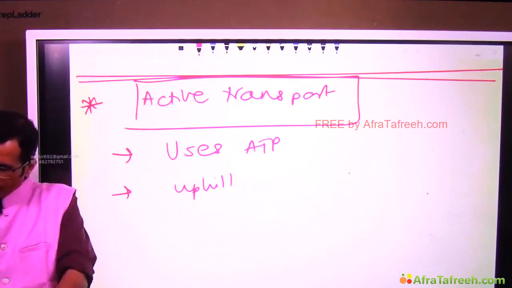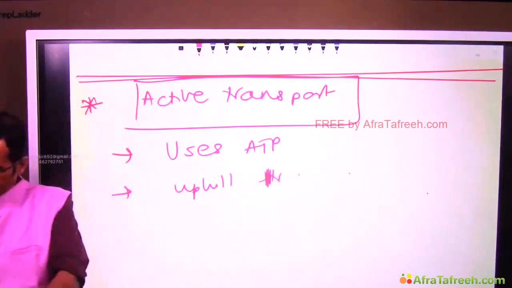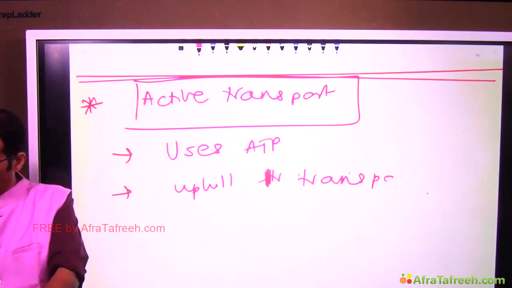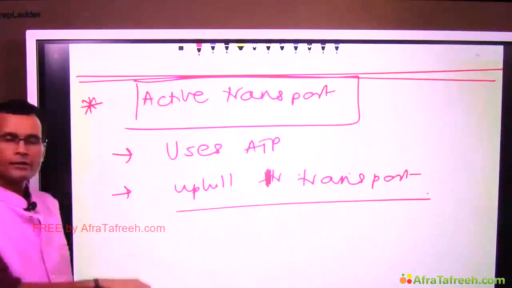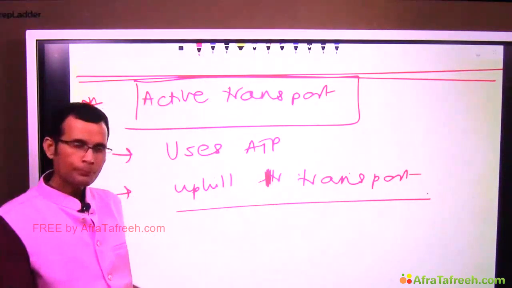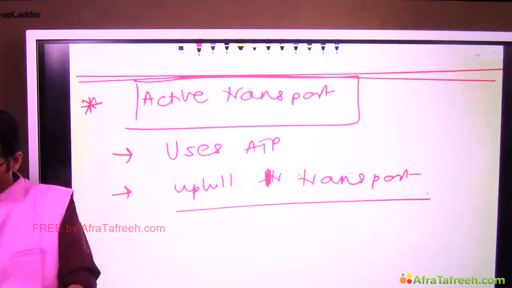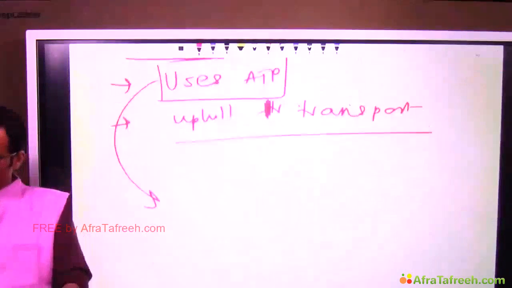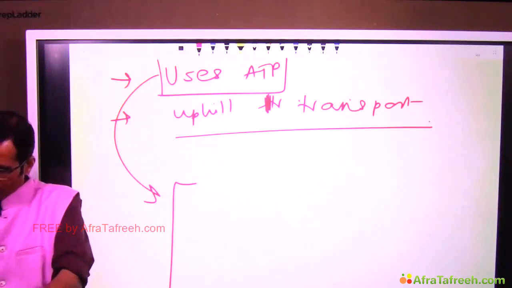That is, substance is transported from low to high concentration. So whenever a substance goes from low to high concentration, it is some kind of an active transport, and it uses ATP.